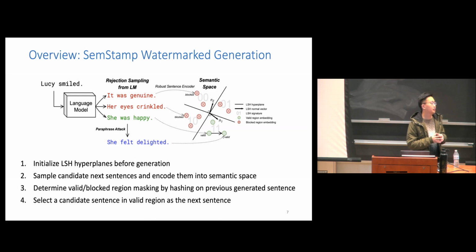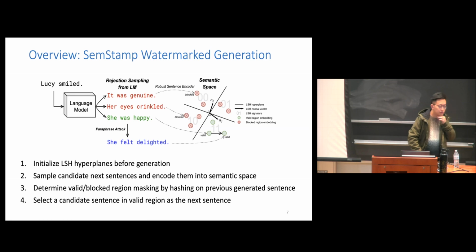At first you need the hyperplanes, which are basically the two black lines here, to decide how to partition the space, and that is determined before you generate anything from the language model. But at each step of the generation, we need to change which of these four regions we select as the valid region for the next sentence. That varies for each sentence of generation, and it is determined using the previous sentence as the hash.